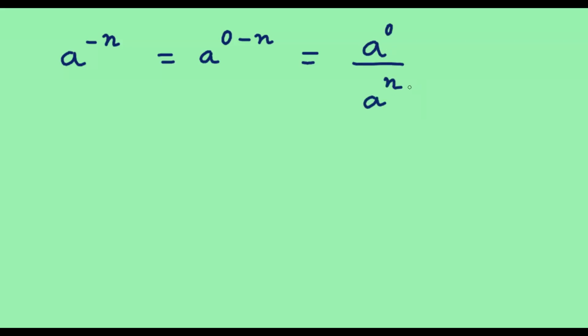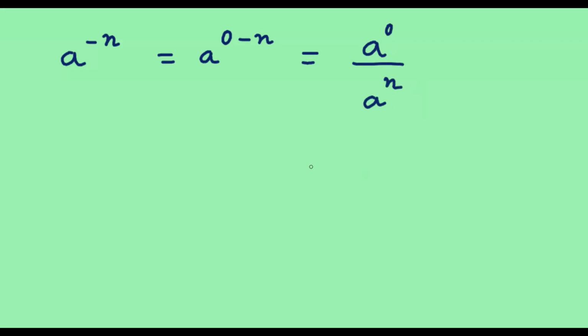Let us consider a to the power of negative n, where a and n are non-zero real numbers. Now we can write the exponent negative n as 0 minus n. This is because 0 minus n is equal to negative n. Now, using the quotient law, a to the power of 0 minus n will be equal to a to the power of 0 divided by a to the power of n.